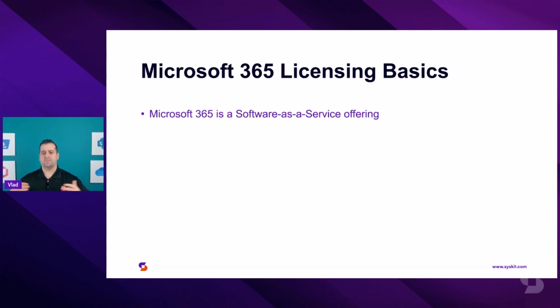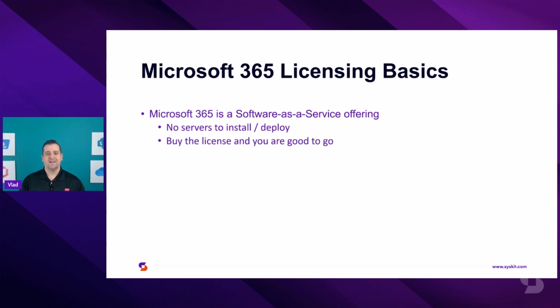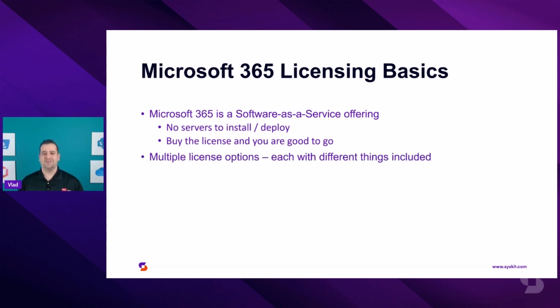So, as you probably know right now, because if you're looking at this, you're probably an M365 admin, Microsoft 365 is a software as a service offering, meaning that there's no servers to install or deploy. You just buy the license, you assign it to the user, and you are ready to go. Now we have multiple license options.